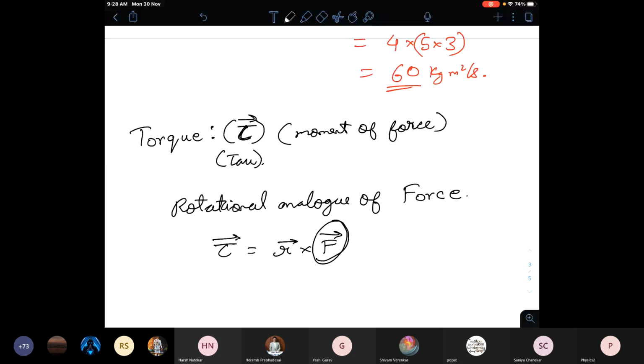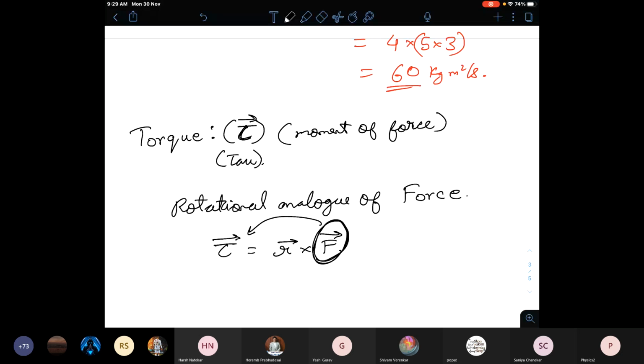Your linear force is somehow converted into torque, into rotational motion. That is torque. Whenever you see a rotational motion, that means there is some torque associated with it.